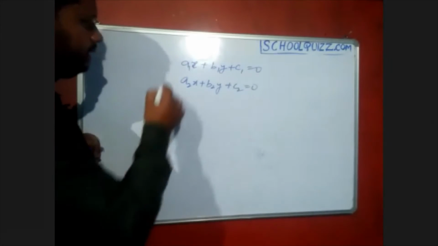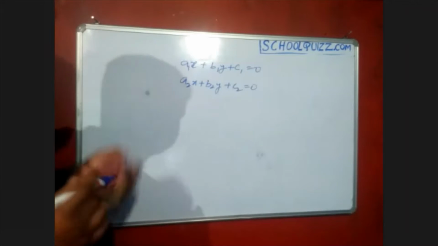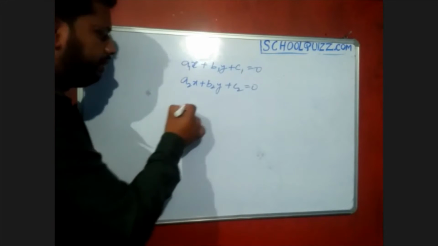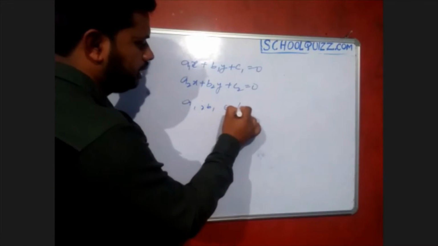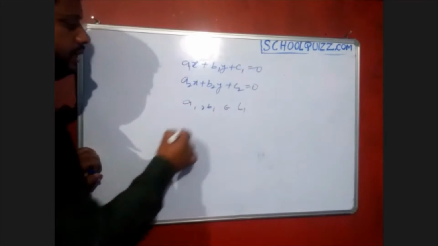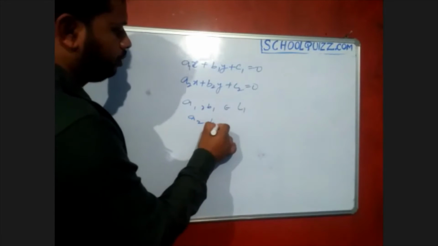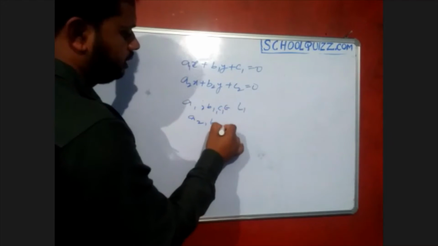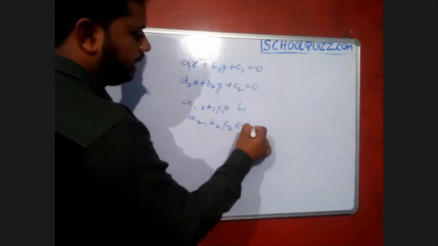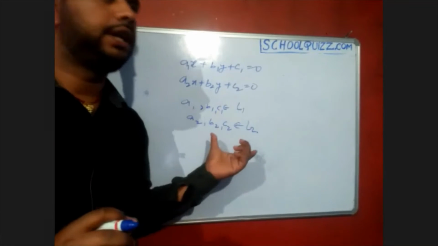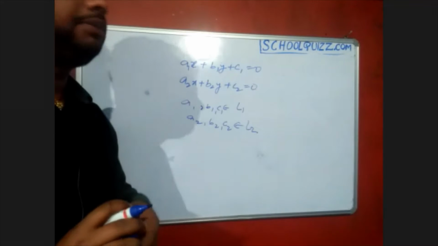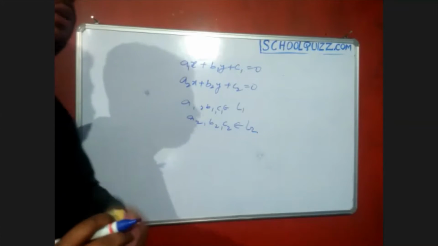We can understand this by seeing the coefficients of the equations. a1, b1, c1 belong to line one, and a2, b2, c2 belong to line two. By seeing the relation between these coefficients, we can say what type of lines will be in one plane.